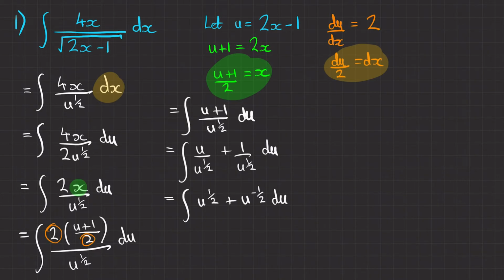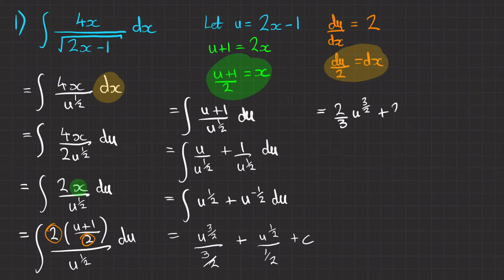This is a little nicer to integrate now, so I'll have u to the 3 over 2 over 3 over 2 plus u to the half over a half plus c, which can also be written, simplified, as 2/3 u to the 3 over 2 plus 2u to the half plus c.